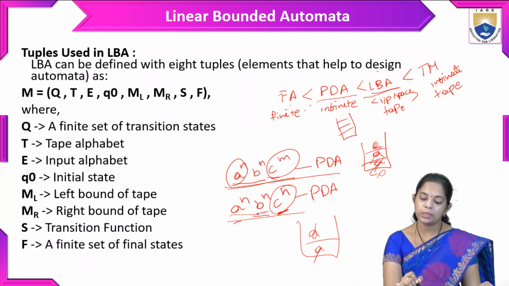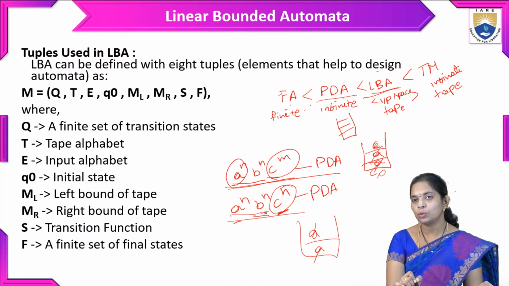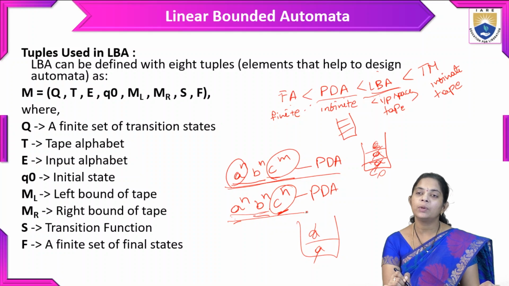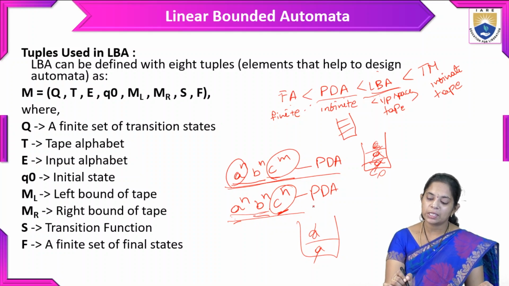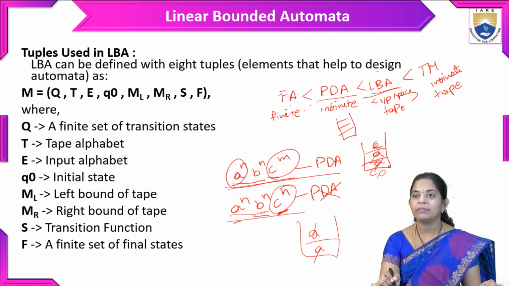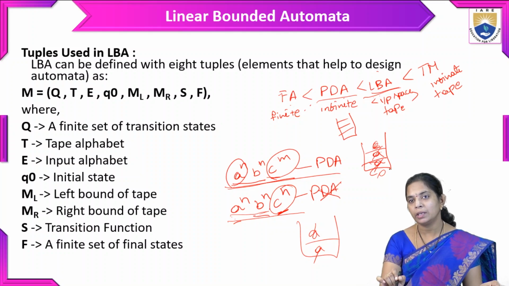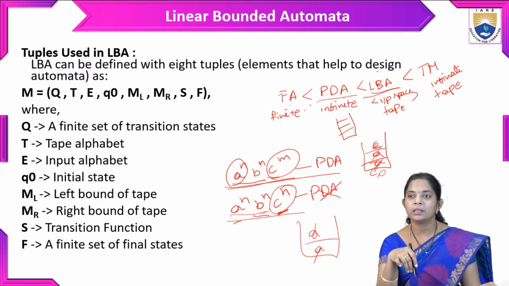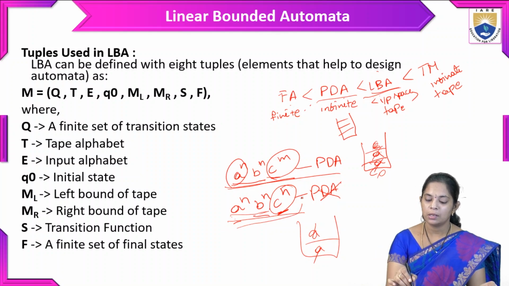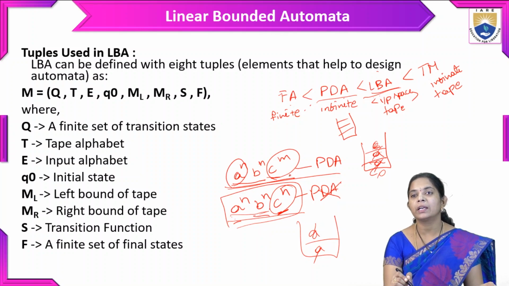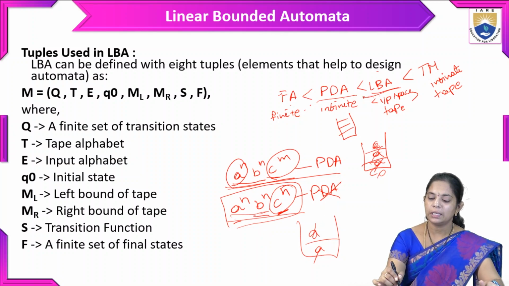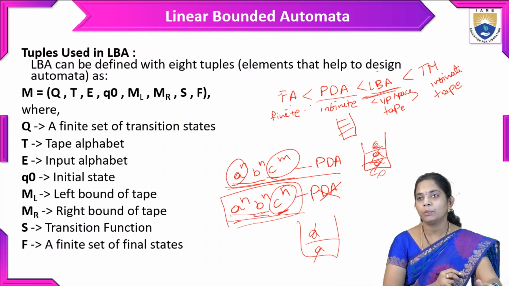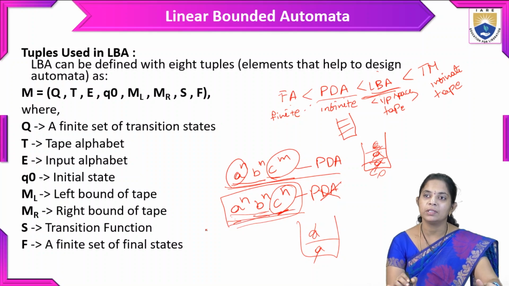We need equality between these symbols, but we can't insert the C value and we can't pop the values, so we can't construct a PDA for a power n, b power n and c power n. We can use this language to construct a linearly bound automata, and we will see how to design it.